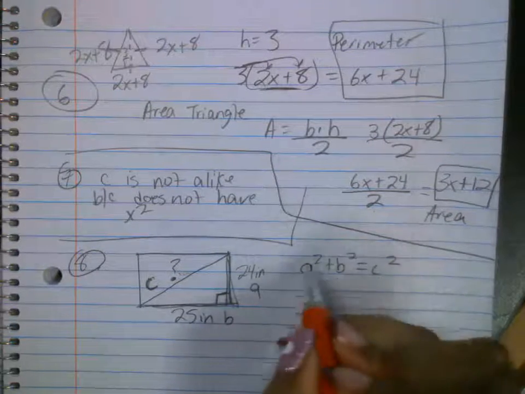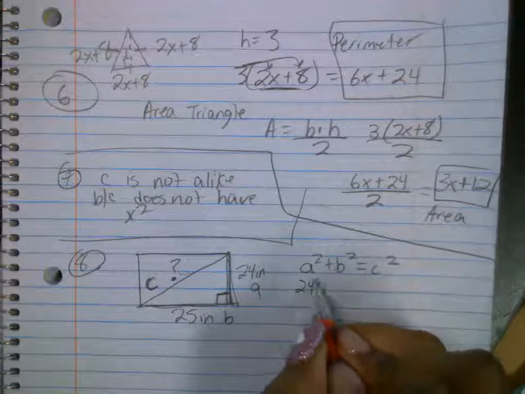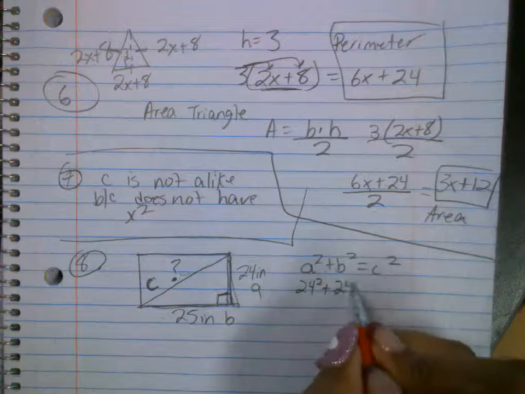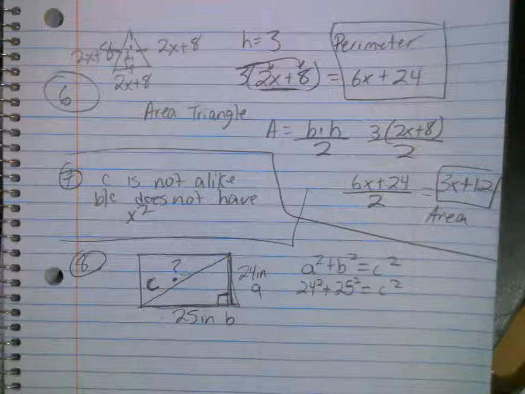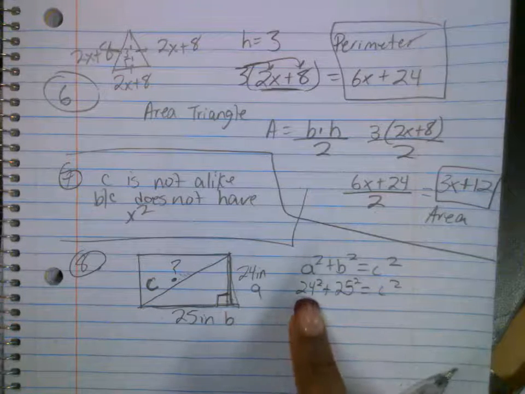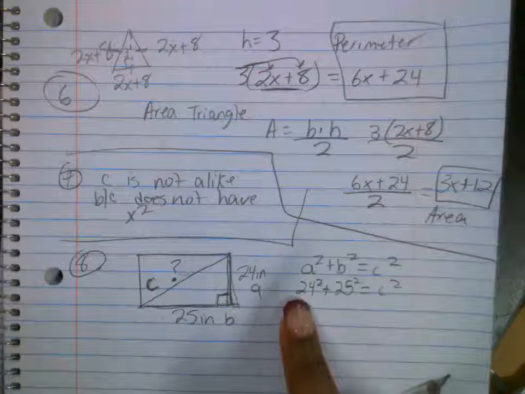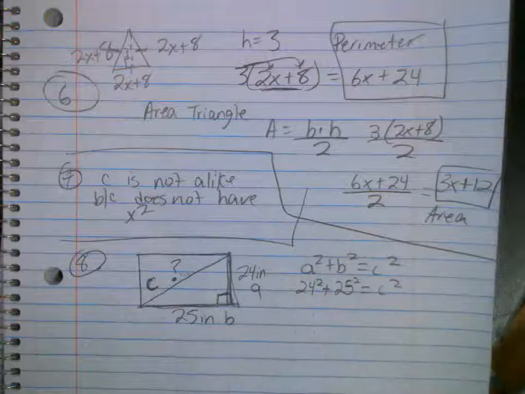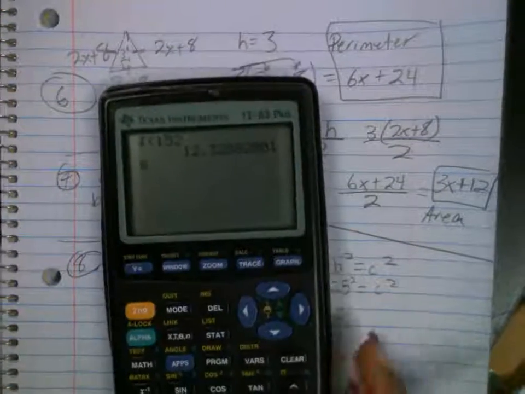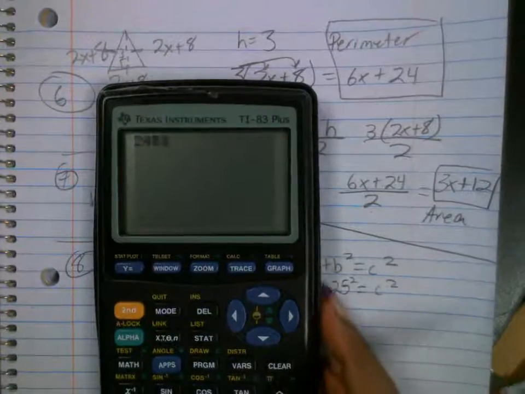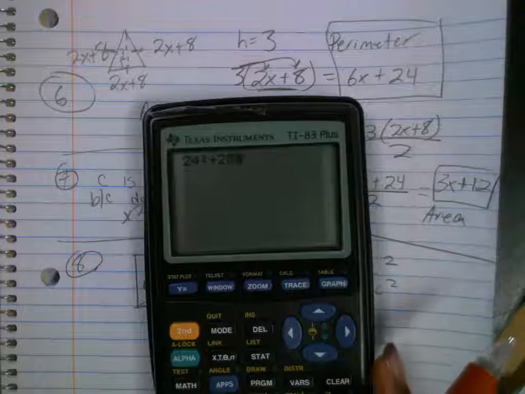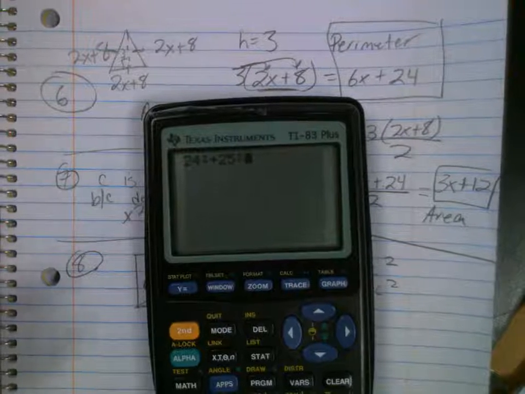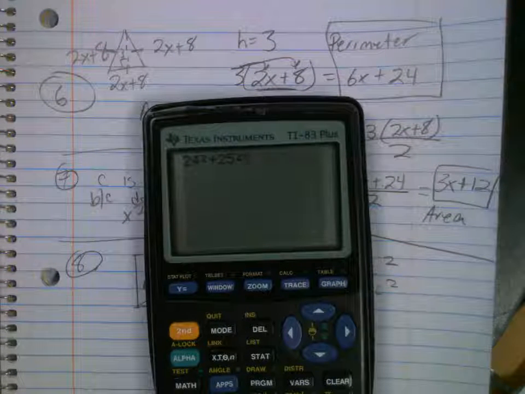So I'm going to substitute 24 for A and 25 for B. So now to do this, I need to figure out what this is. I need to do 24 squared plus 25 squared. You can type that in the calculator. Look. Do 24 squared plus 25 squared and see what you get.